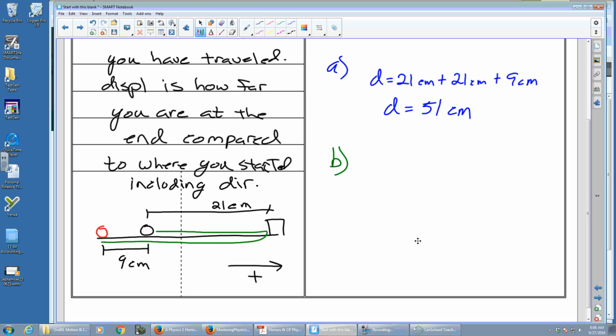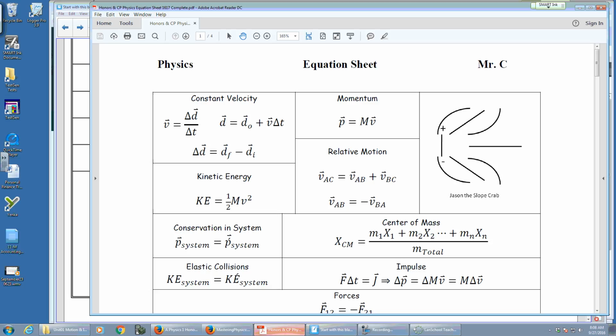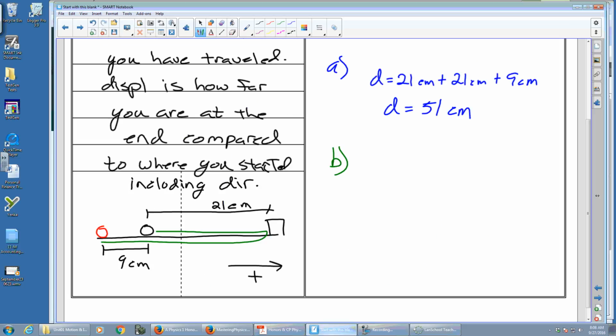There are penalties. The second one asks for what's the displacement. I'm going to use my definition of displacement of how far you are from where you started. I think I even have an equation for that on, yes, I do. Under constant velocity here, you can see it's delta D equals D final minus D initial. Remember, the direction matters. That's why you have the vector symbols over everything. So I'm going to write that equation. Excuse me.